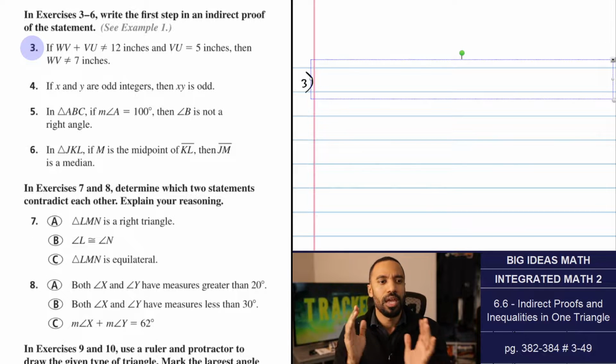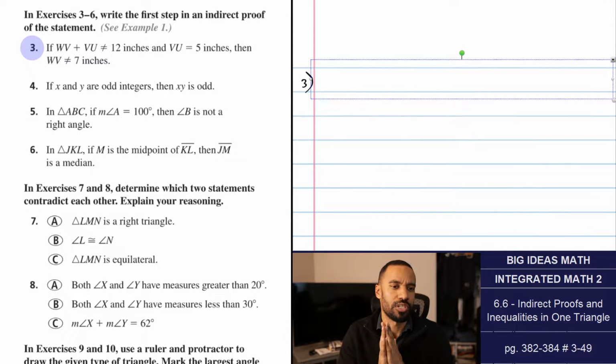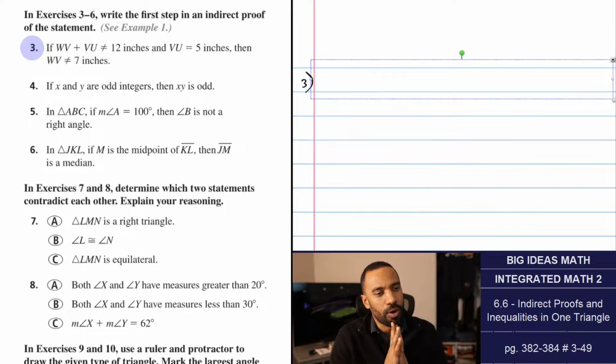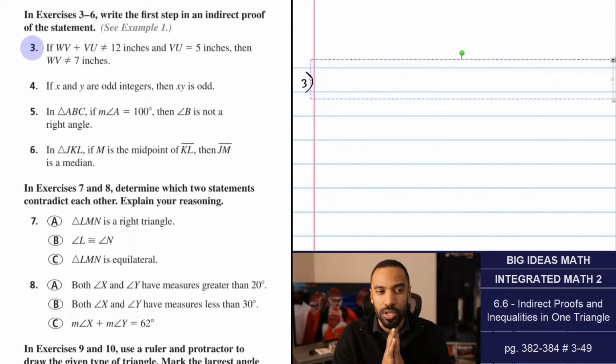Let me see how it is. If WV plus VU does not equal 12 inches and VU equals 5 inches, then WV cannot equal 7 inches. Okay, I got to think of this step 1 here.